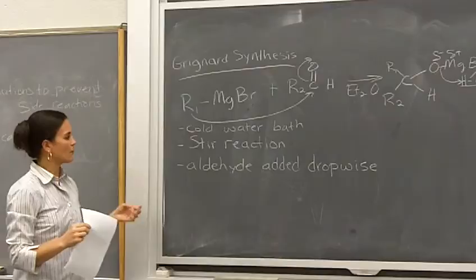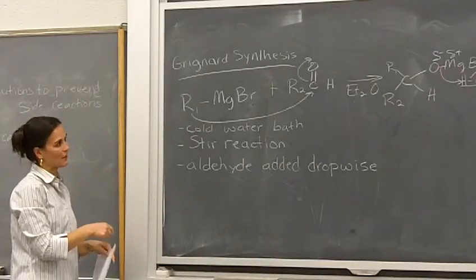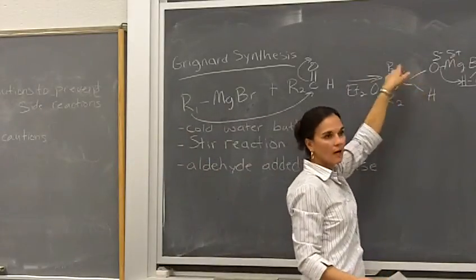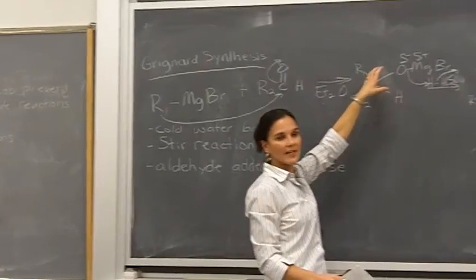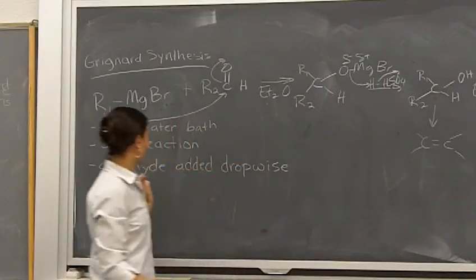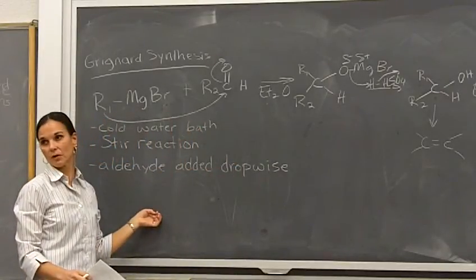Okay? If you add this too quickly, what can actually happen is you get the ketone of your alcohol to form. So you don't want that to happen either. That's a byproduct that you don't want. So if you add the aldehyde too quickly, you get another byproduct in your mixture that you don't want to see.